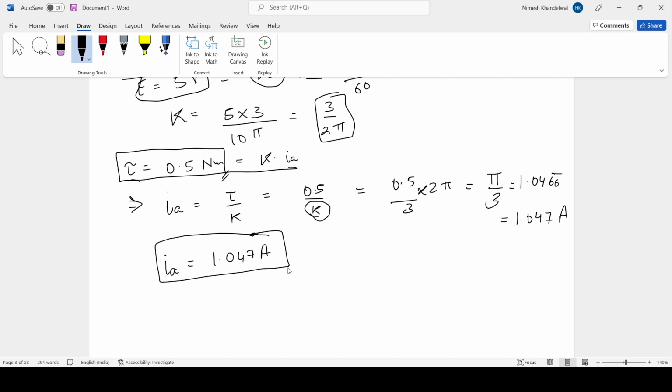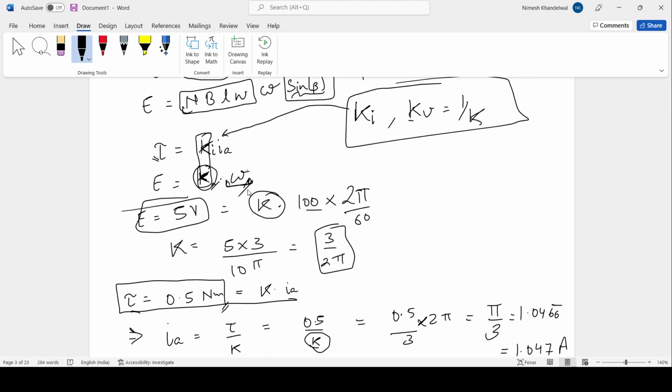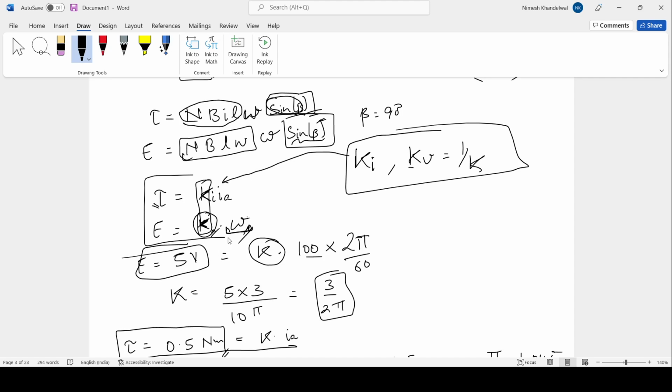So essentially now you know where both these relations came from. Basically we take all the properties or the quantities that are intrinsic to the coil, or the motor, and we treat it as a single constant K. Using this we get two equations.